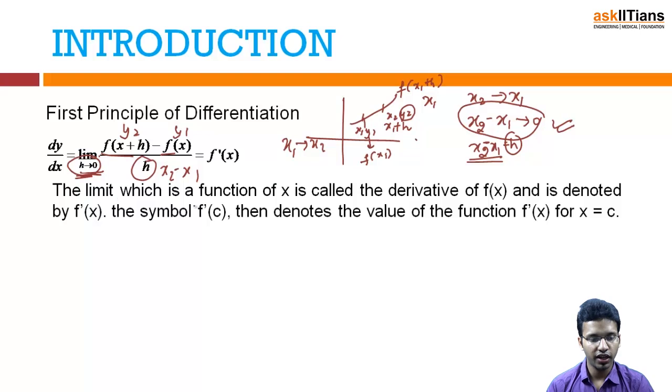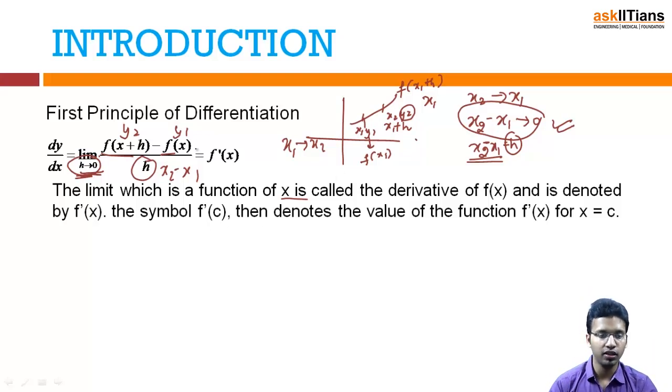So here it says limit, which is a function of x. Now again this is a technical one. It says that the limiting value of the function is called the derivative. Limiting value means when you take the two values corresponding to one input and in the neighborhood of that, the limiting value of the ratio of the differences is known as the derivative.